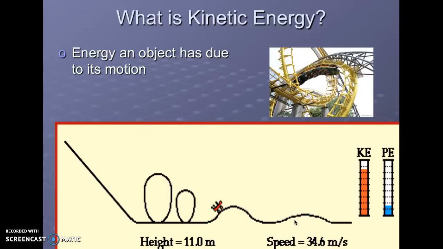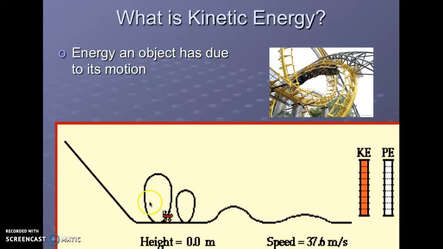If we look at roller coasters, as kinetic energy increases, potential energy decreases. So here, our potential energy is very high. And as we roll down the roller coaster, the kinetic energy increases.